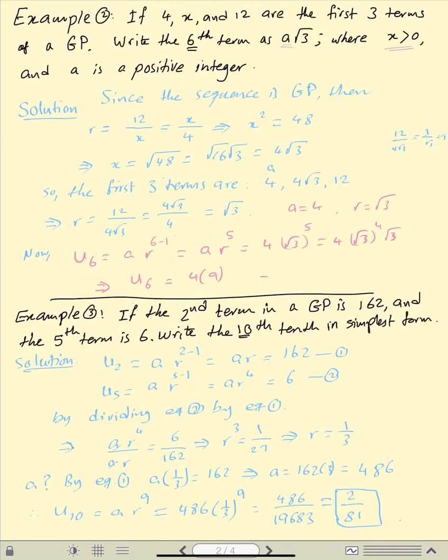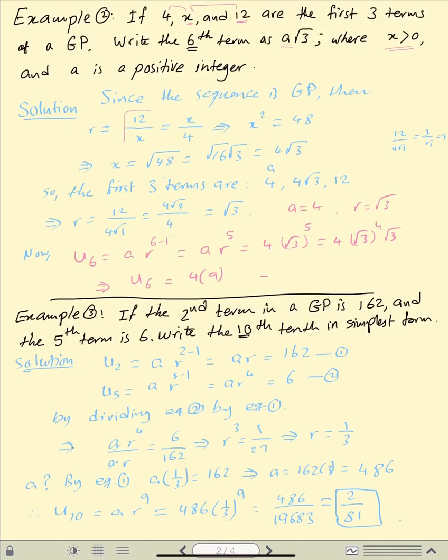Since the sequence is geometric, it has a common ratio. If you divide the third by the second, it must equal the second divided by the first. 12 over x is equal to x over 4, which is r.